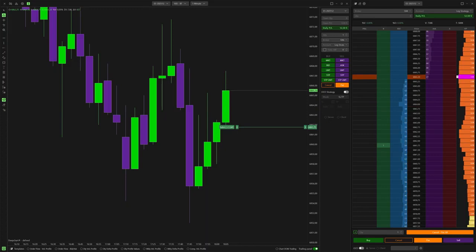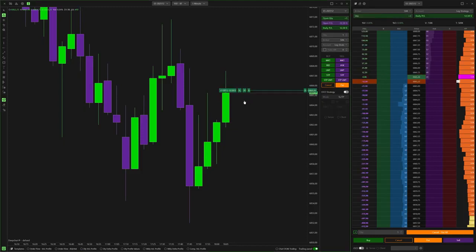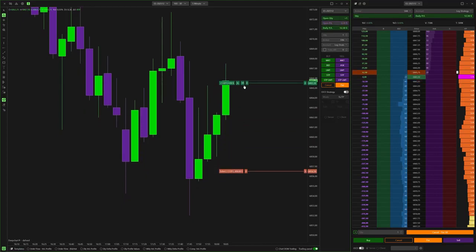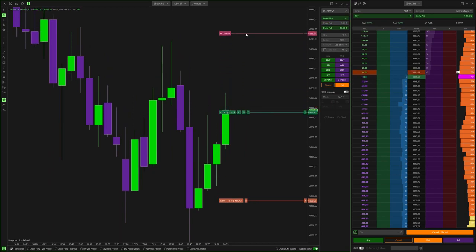Nope, it's not filling it. Okay. We can do the same by placing it here. So we're going to just wait and boom, we're filled. So you put it below price, and then you can simply drag the stop loss and the take profit like you would do normally. But as you can see, this is a -1 limit. This is a -1 stop.